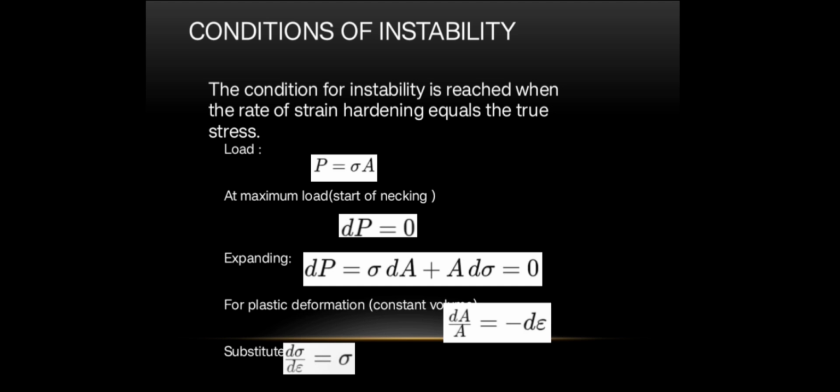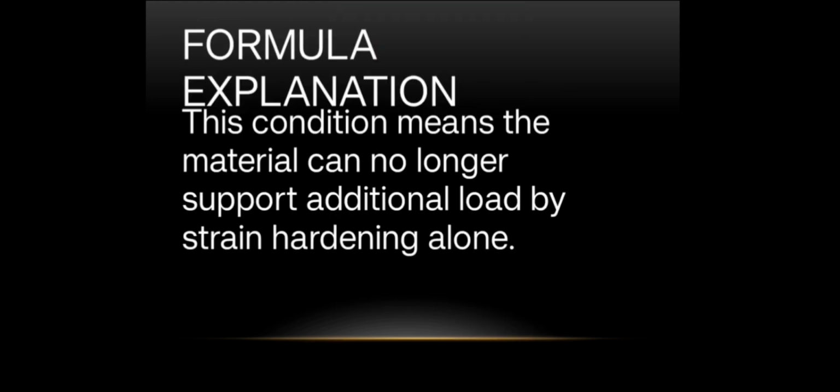When we substitute this into the above equation, the final result is dσ/dε = σ. This is the final conclusion of the condition of instability, and it is the condition for tensile instability, known as necking.